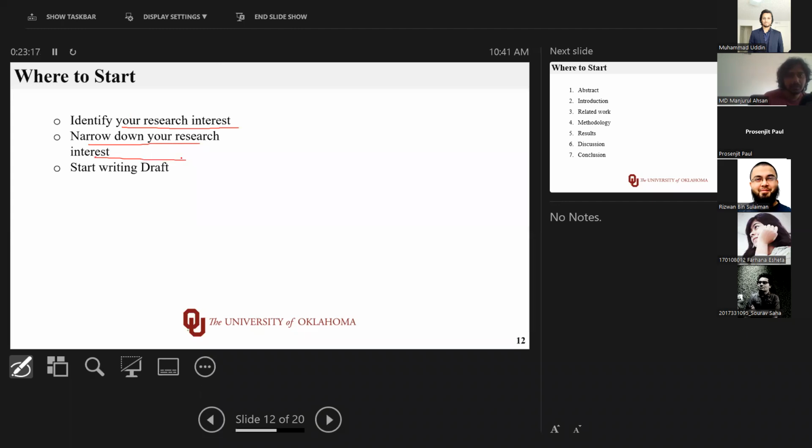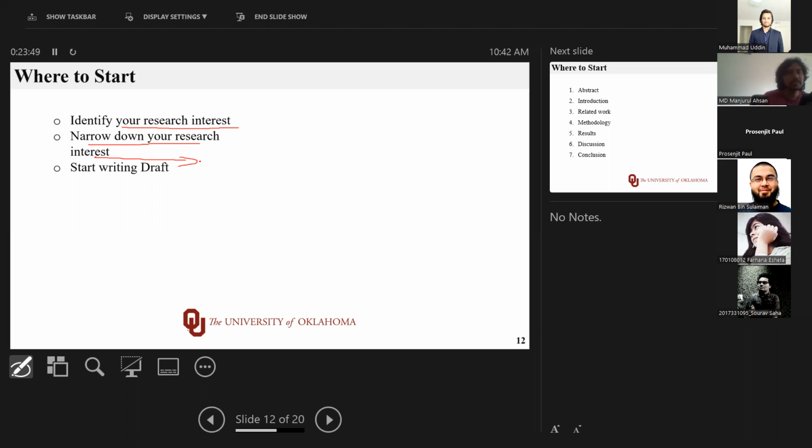To make it clearer, suppose somebody says that I want to work on how proteins connect together and create a bond. This is a very large scale question. When you say that I want to see how proteins related to our hand get connected, this is still large.